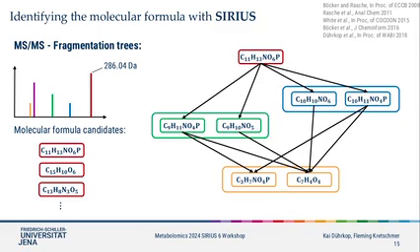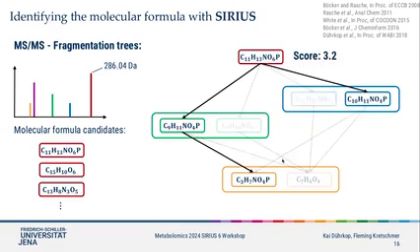And the general idea is that we first decompose the parent mass of a spectrum and enumerate all the molecular formulas that correspond to this mass. And for each of the molecular formulas, we then compute a fragmentation graph, where we decompose all the peaks, which are subsets of this molecular formula, and connect them with edges if two molecular formulas are subsets of each other. Then in this graph, we search for a subtree which maximizes the score based on some statistical model we developed.